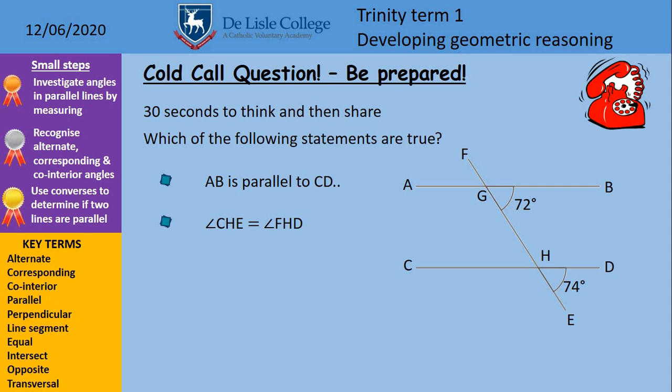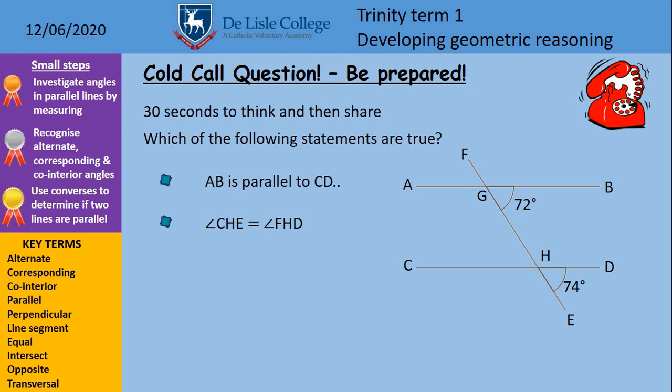Is angle CHE equal to FHD? No, it is not. So what we should be looking at here is angles on a straight line. So CHE, oh sorry, I'm looking on the wrong side here. Sorry, CHE is equal to FHD. Absolutely, that is correct.